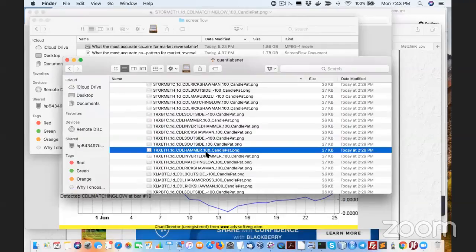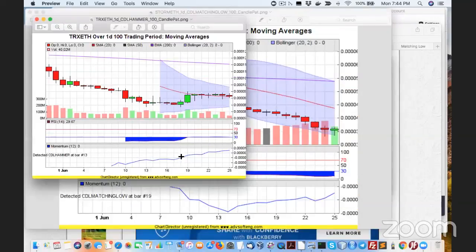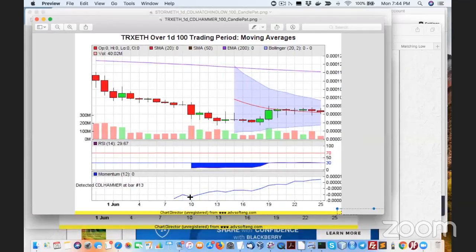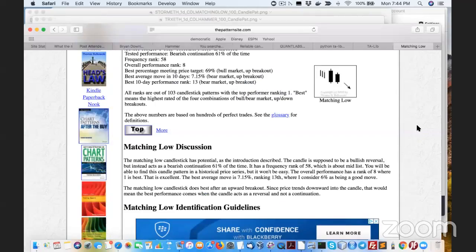So again, we have a variety of these different patterns. Here we have a bullish pattern because it's a positive 100. It's a hammer. And in there, we shall see that this bar happened at number 13. So we go 1, 2, 3, 4, 5, 6, 7, 8, 9, 10, 11, 12, 13. Is this a hammer? Let me pull up the details on it.